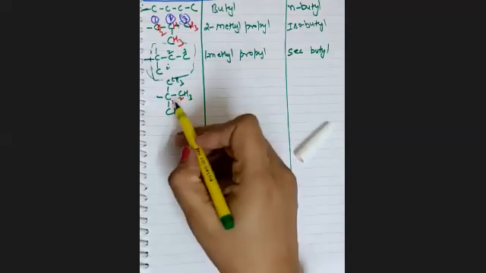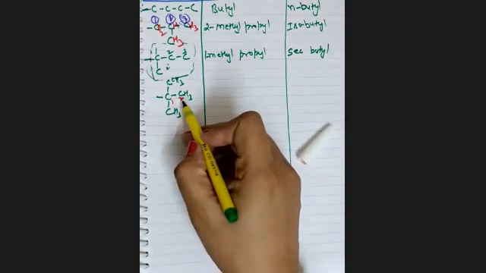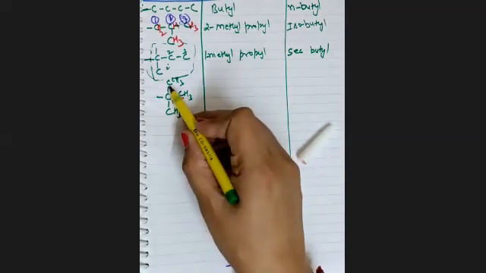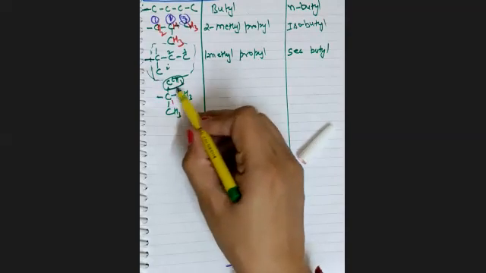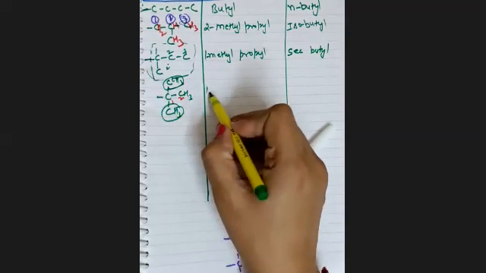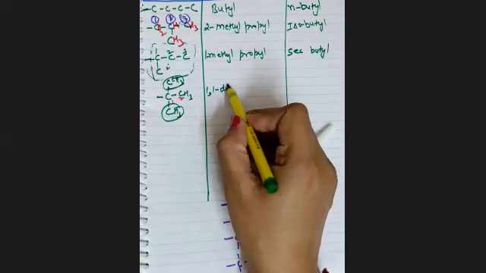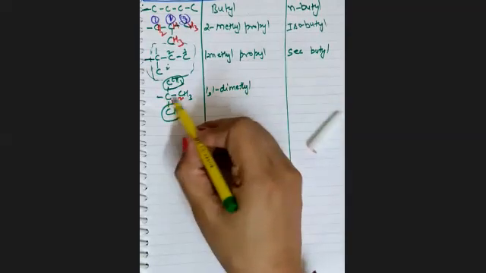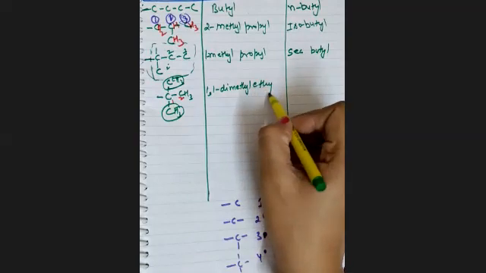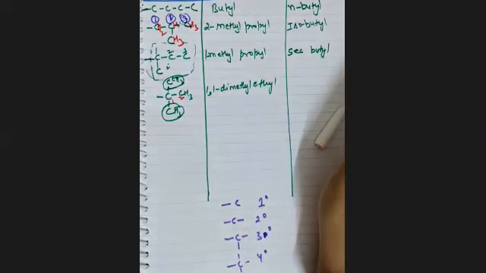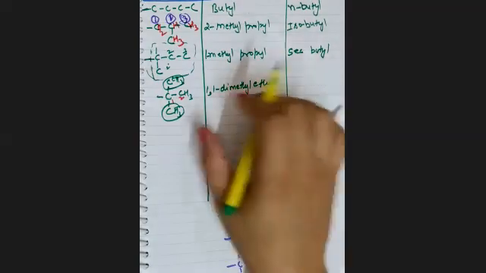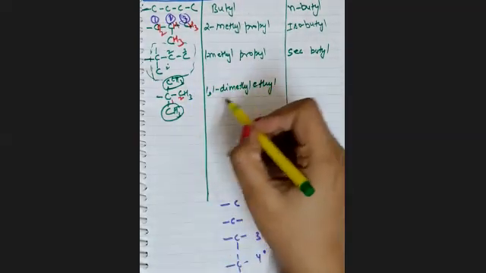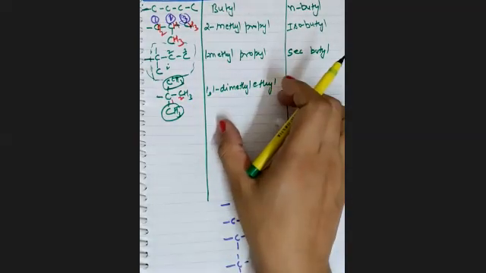So what will be the name? Since with 1 we have 1-methyl and 2-methyl. Clear? So 1, 1 dimethyl, 1, 2 ethyl, then we'll go to the main root or main compound. Right now we are talking about the substituent. So what will be the nomenclature?